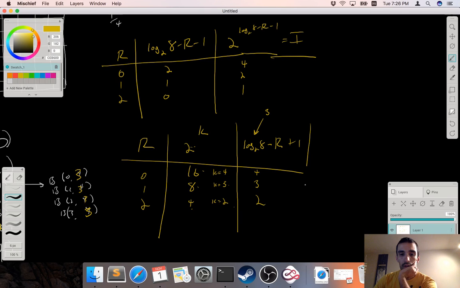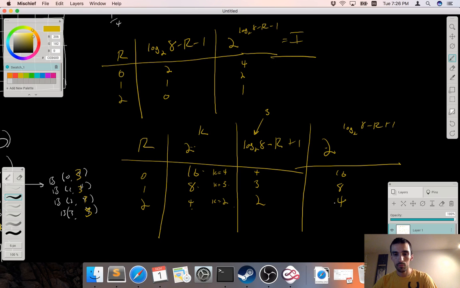And 2. Okay, so then if I do 2 to the log base 2 of 8 minus r plus 1, then 2 to the 4 is 16, 2 to the 3 is 8, and 2 to the 2 is 4. So here's our formula. Yeah.